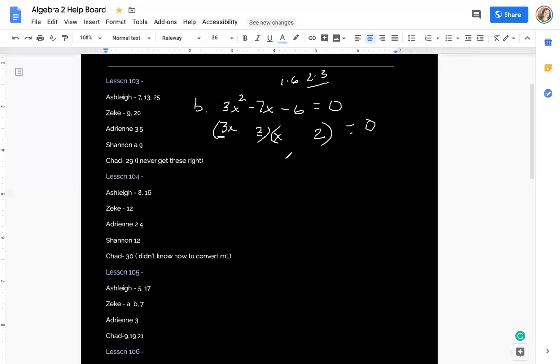Oh, never mind. This is a 3, and this is a 2. Okay, your outer is 9, your inner is 2, and that gives you 7. You need it to be negative, so you need to make the 9 negative, equals 0. So we're going to get x equals -3 halves, x equals 3. Check, check. Okay, so we got our B's done.